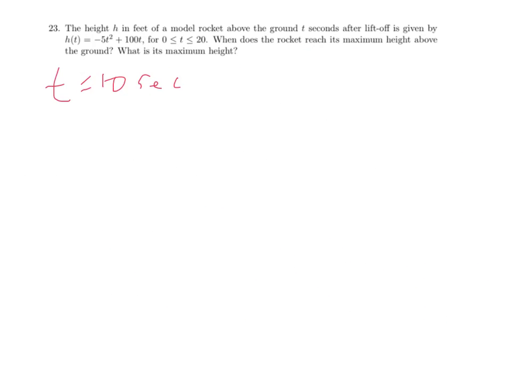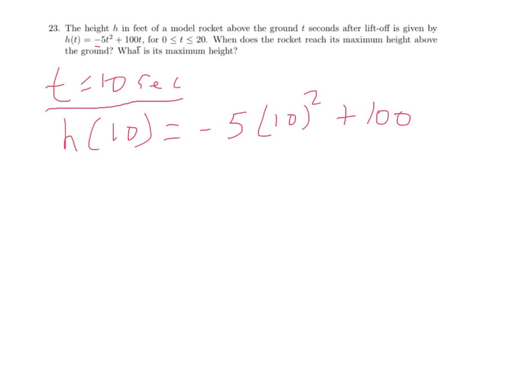Alright, so let's continue the march here. Notice we found the maximum height is when the rocket has been in the air for 10 seconds. So let's plug our 10 seconds into our function. We're going to find h of 10. So we end up with negative 5 times 10 squared plus 100 times 10.